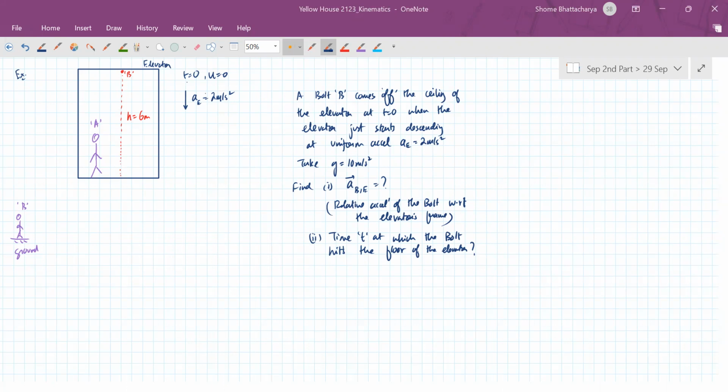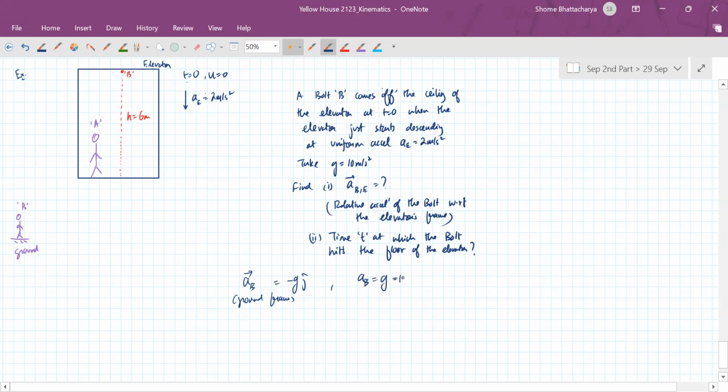Okay, so let's understand this. Acceleration of the bolt as seen from the ground frame is going to be minus g j cap, or 10 meters per second square downwards. And acceleration of the elevator as seen from the ground frame is minus a j cap, so 2 meters per second square downwards.